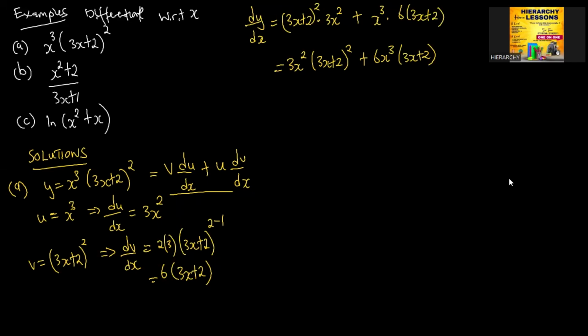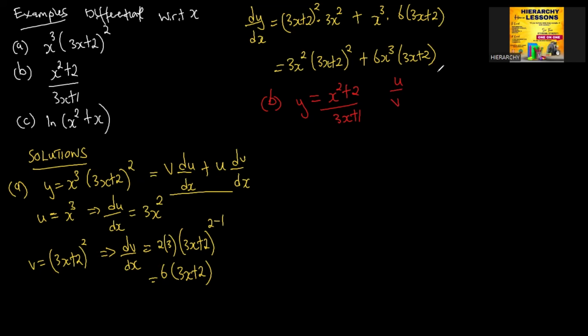Now for the second part, the B part, we want to find the derivative of that one. So if y is equal to (x squared + 2) over (3x + 1), that's a division of two functions. So it means it's u over v, where u and v are both functions of x.